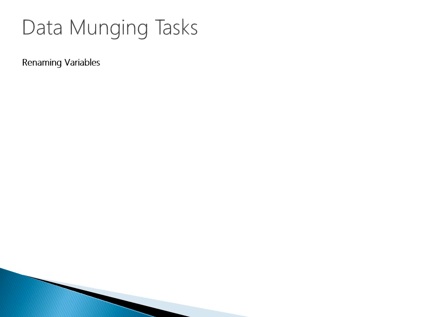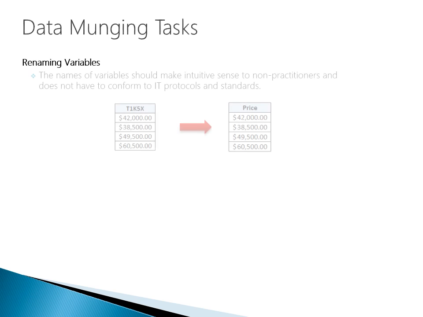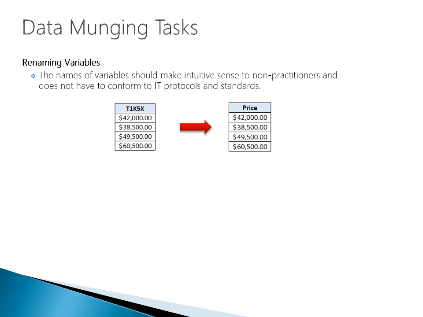So let's spend some time now diving into the specifics of these data munging tasks. The first task we're going to talk about is the renaming of variables. The names of variables should make intuitive sense to non-practitioners, non-data scientists, just regular individuals, and they don't have to conform to IT protocols and standards.